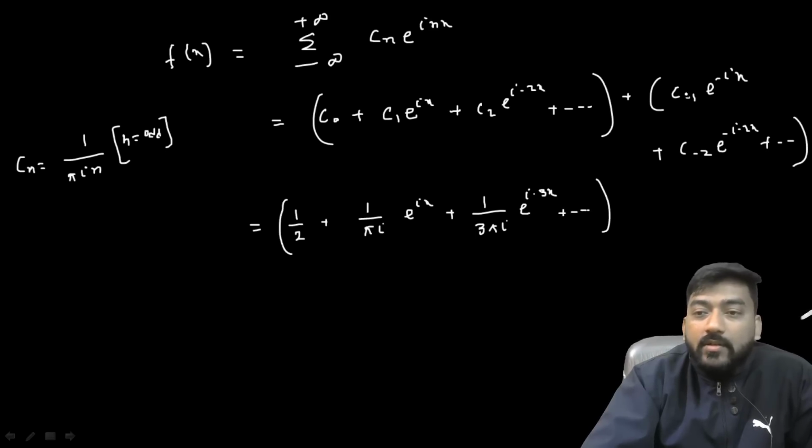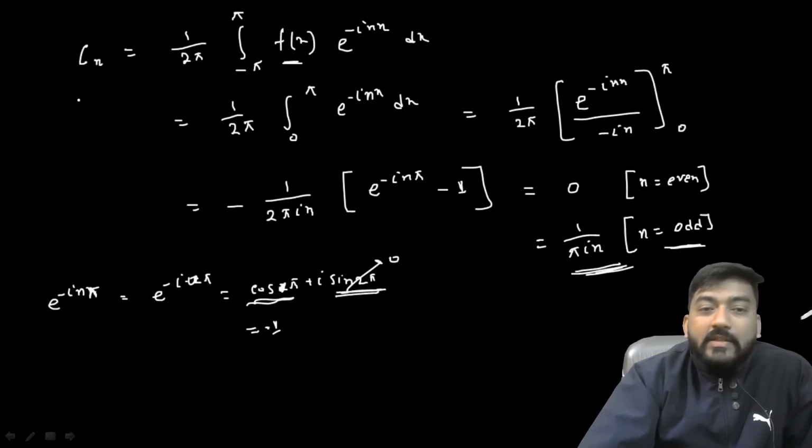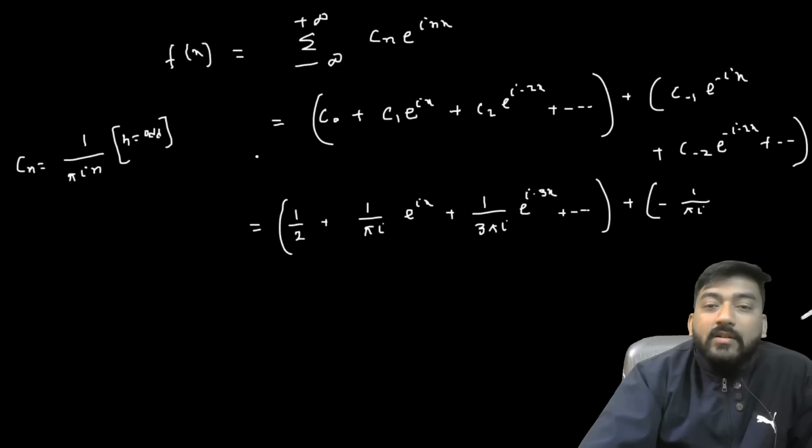For minus 1, you will get c minus 1, and here n is equal to minus 1, so it will be minus 1 by pi i. That's why I told you there is no need to do this integration again, because we can write the whole series by using only the value of cn.